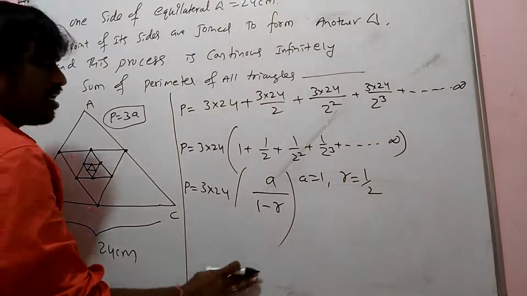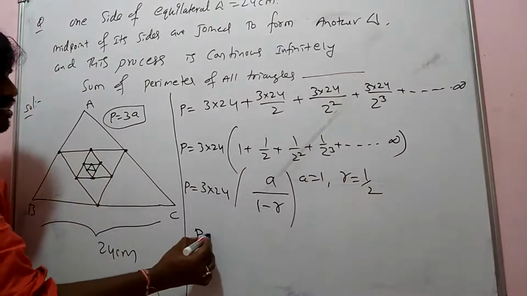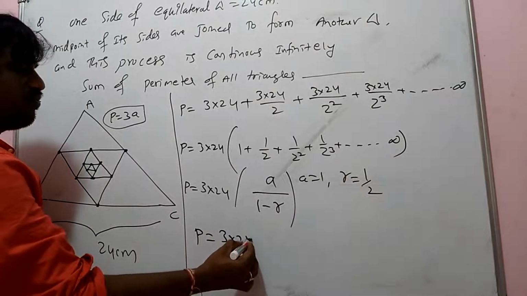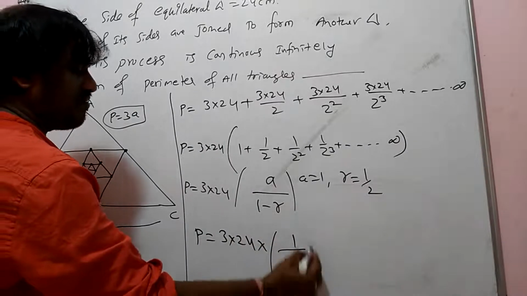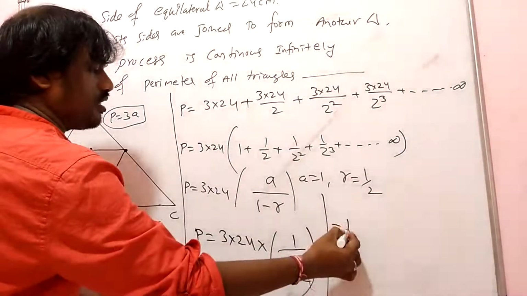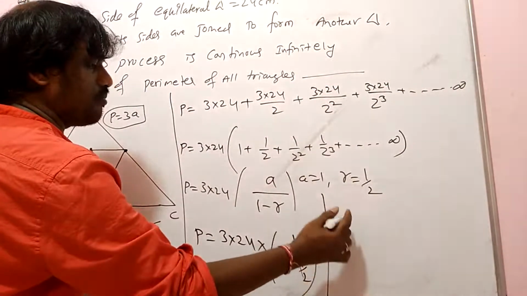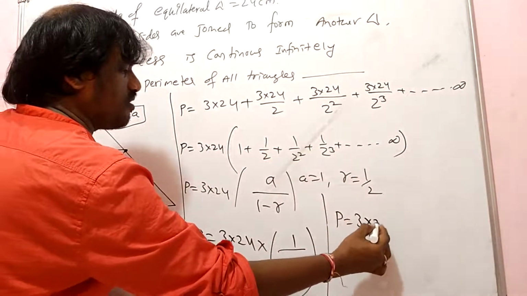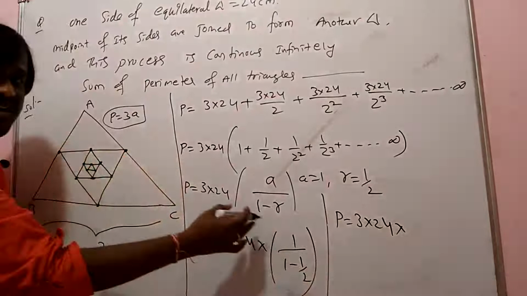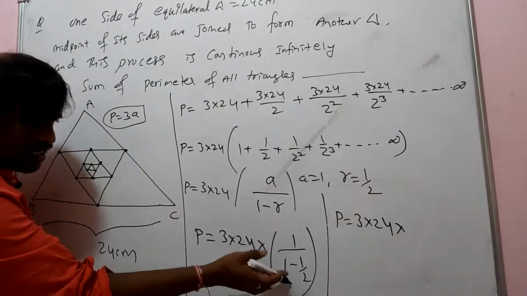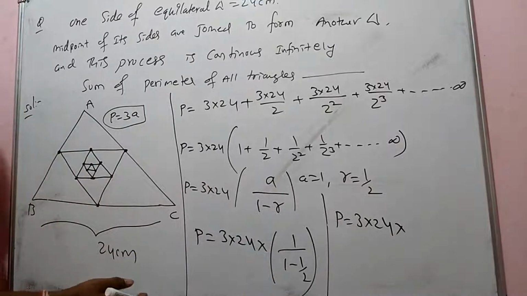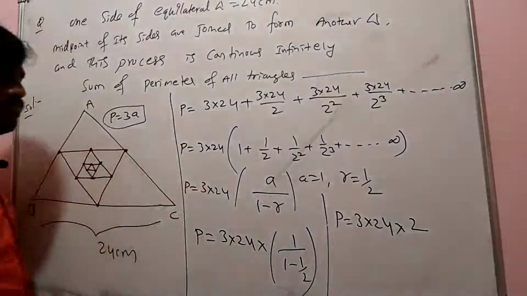Therefore P is equal to 3 into 24 into 1 upon 1 minus half. 1 minus half is half, and this half if I send up, I'll get into 2.